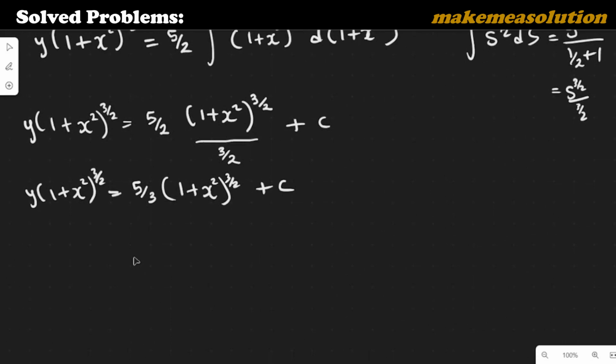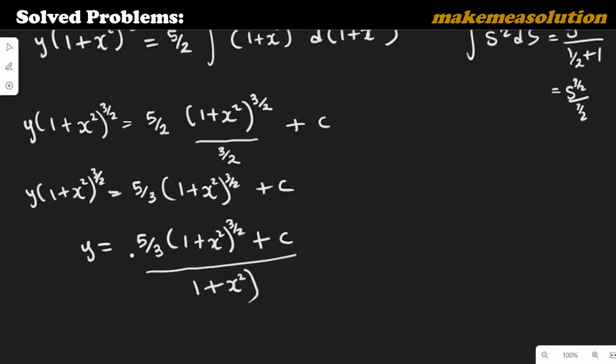So at the end of the day, if we divide by 1 plus x squared raised to the power of 3 over 2, we get y is equal to 5 over 3 into 1 plus x squared raised to the power of 3 over 2 plus c, all over 1 plus x squared raised to the power of 3 over 2, which you can still evaluate as c into 1 plus x squared raised to the power of minus 3 over 2, then plus 5 over 3, like this.